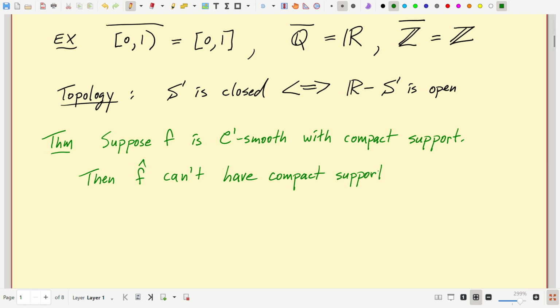Well, I guess it could be identically 0, so I should say unless f is identically 0. That's the only time. So that's the fact.